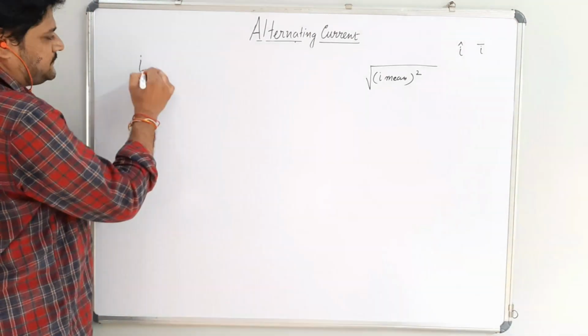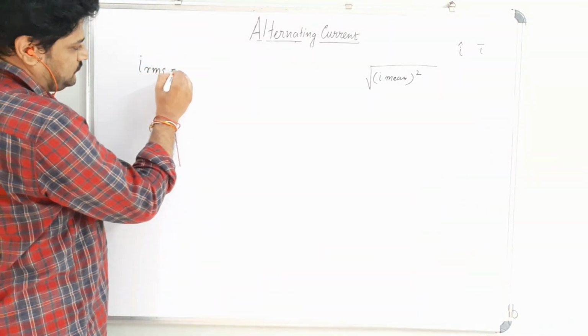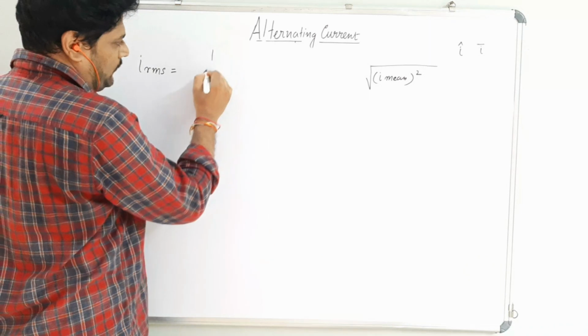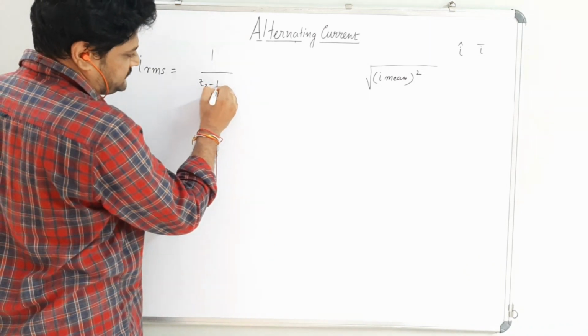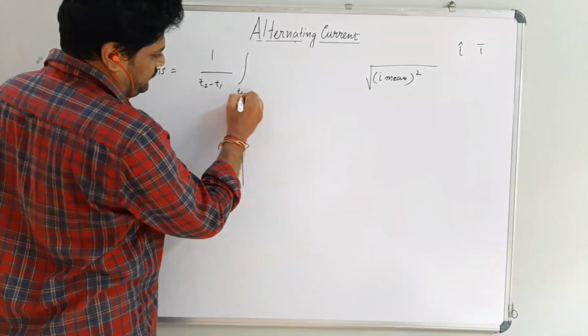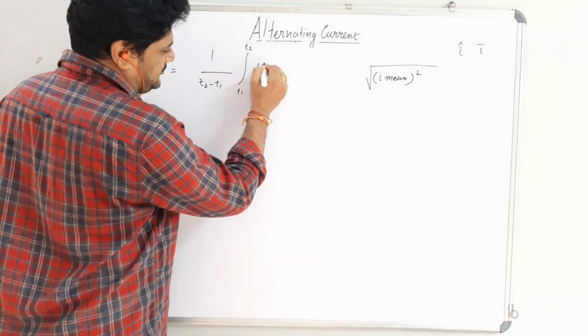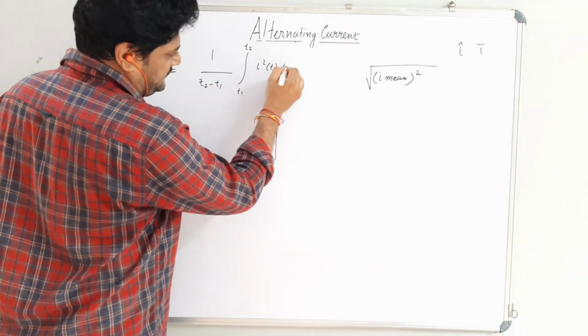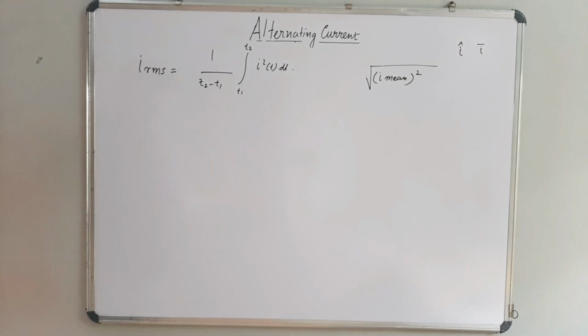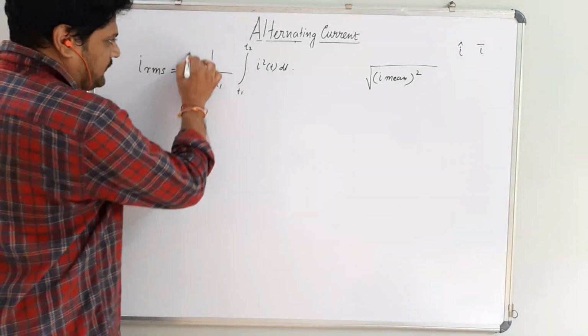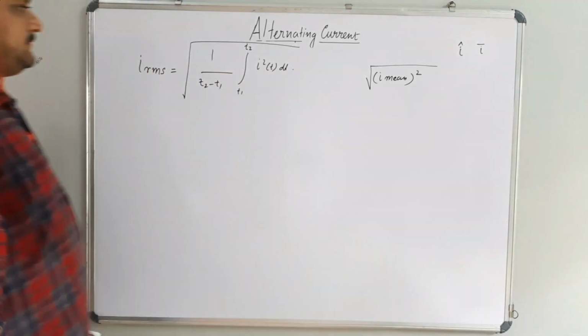So IRMS is equal to the root of 1 by (T2 minus T1) integration from T1 to T2 of I square T dt. This is the expression of the RMS value.